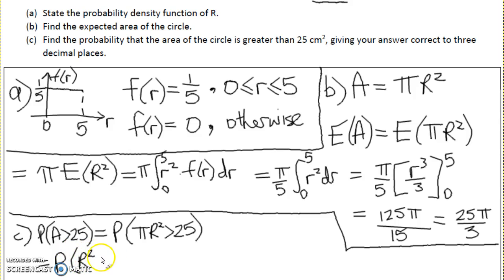So it's the probability that r squared is greater than 25 over pi. And now let's square root both sides of the inequality. We don't need the negative square root because r is a length, it's positive, so just a positive square root. So we now find the probability r is greater than the positive square root of 25 over pi.